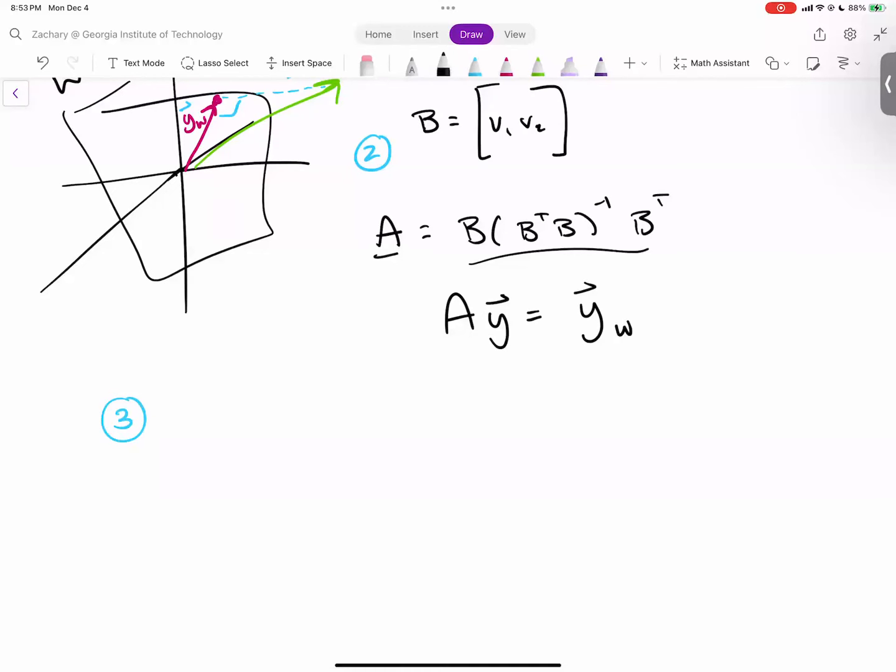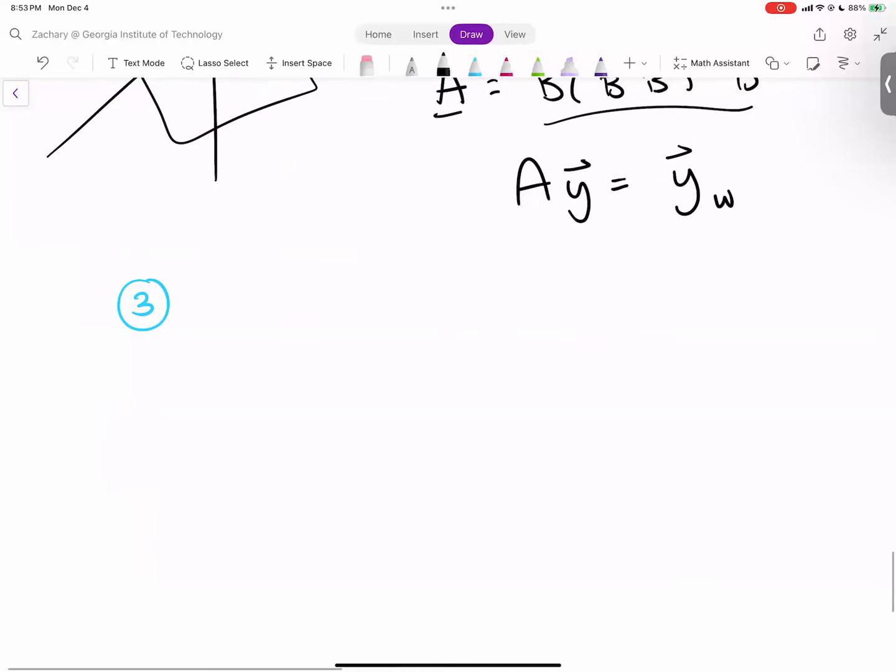I'll talk about the special case of projecting onto a line first. This one is something that will come up. I usually expect to see it on the final. It shows up in some form or another.